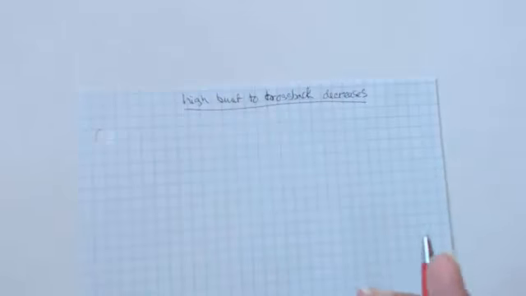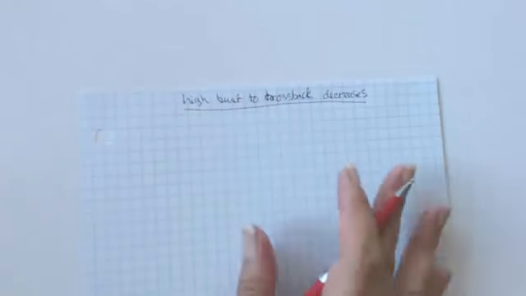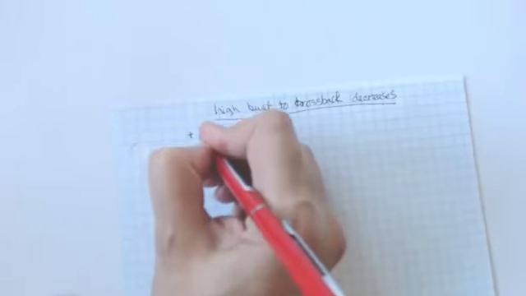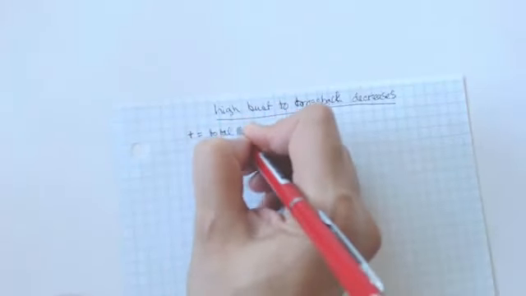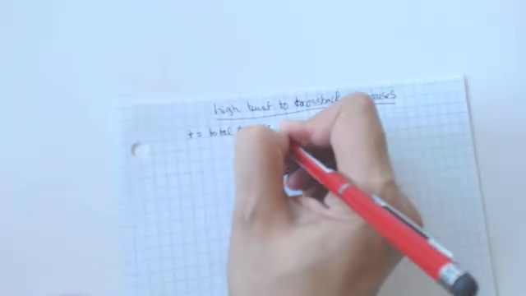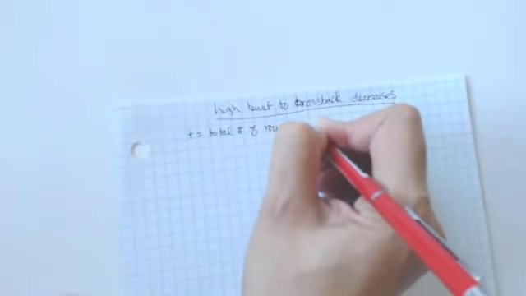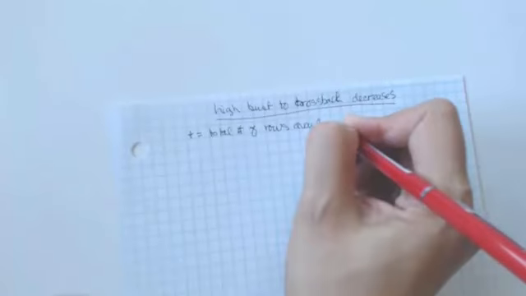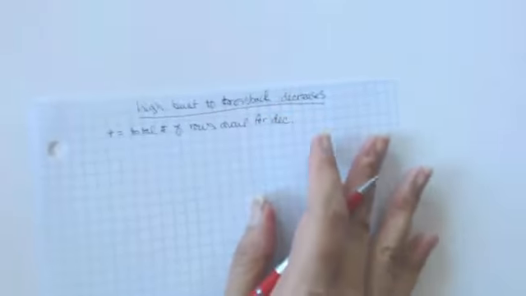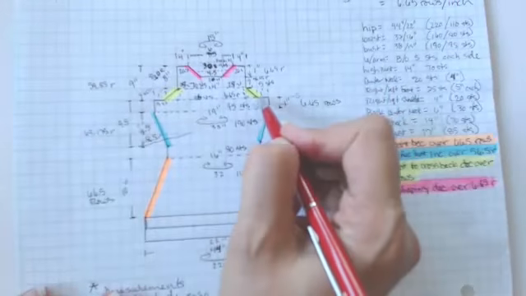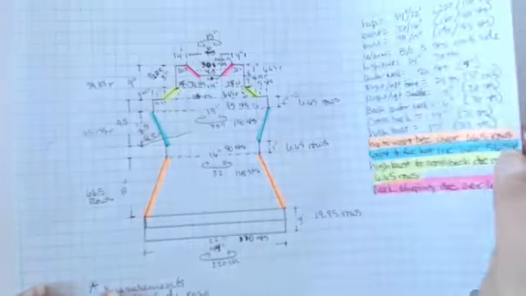Okay, so let's fill in our numbers again. So we've got T equals total number of rows for our decreases. From our schematic, we can see that we're decreasing over an inch. That's going to be 6.65.